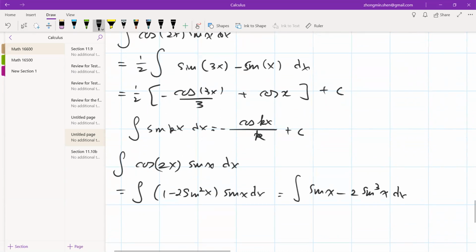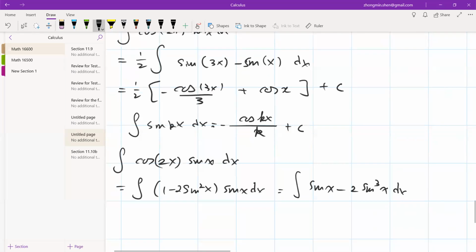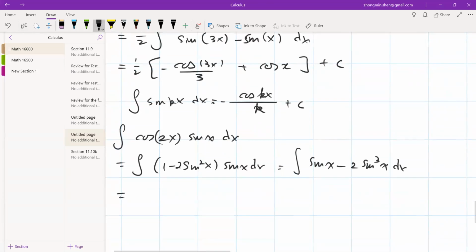Then you have trouble, you forgot. We already did the integral of sine cubed x, but this is difficult. So that's the wrong way to go.